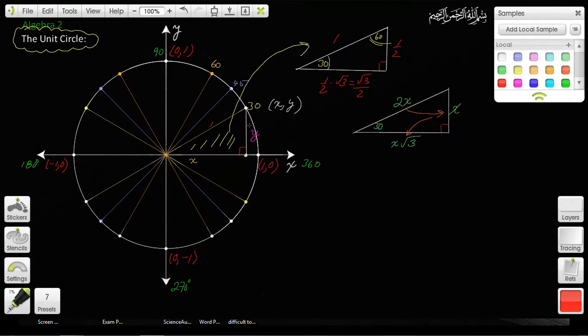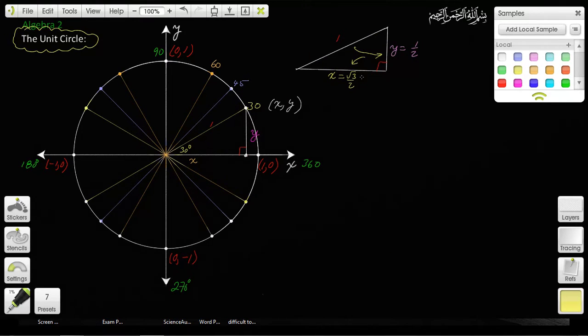And then we have a 30, 60, 90 triangle, and the side lengths would be correspondingly as I have described over here. The x value therefore here is square root of 3 over 2, and the y value over here is 1/2. We appreciate that because that's a 30, 60, 90 triangle.